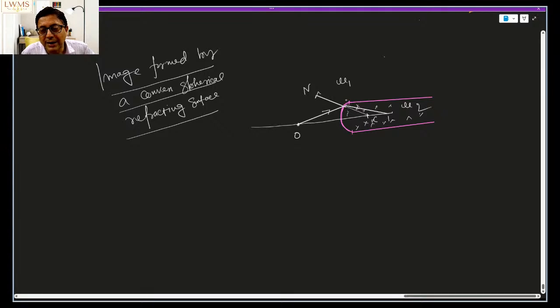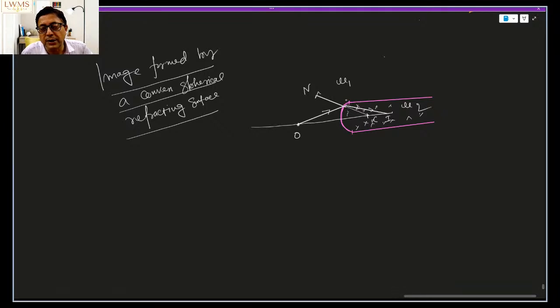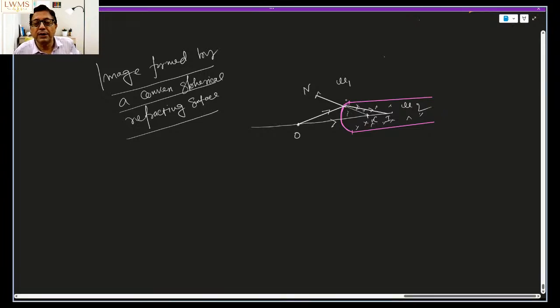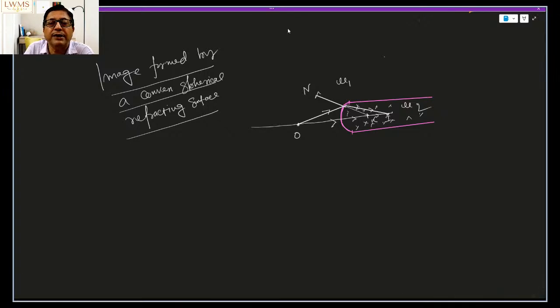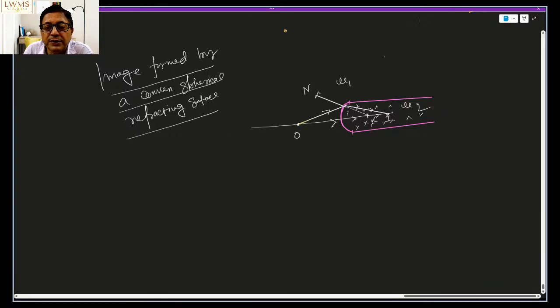From the object, light will go in this manner to form the image. If you send light rays this way, they will meet at a point. That is going to be the position of the image. Am I clear?